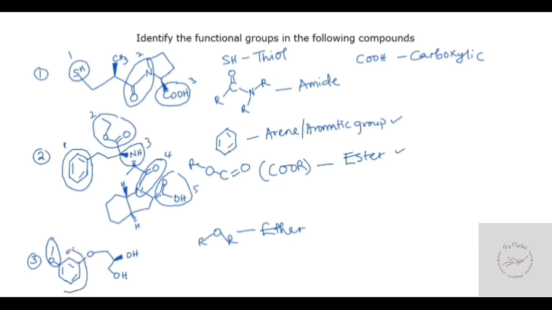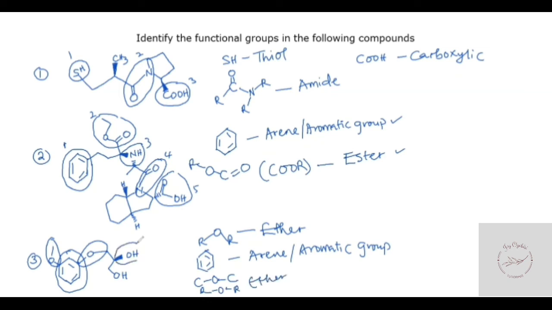And of course, we still have an arene group here, the benzene group, or the aromatic group. And we have another COC or ROC, which is the ether.